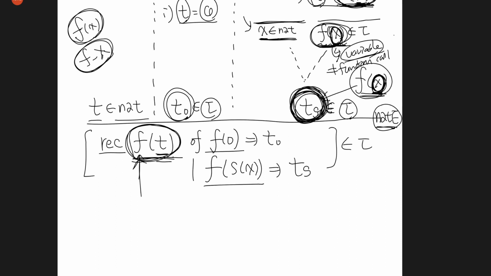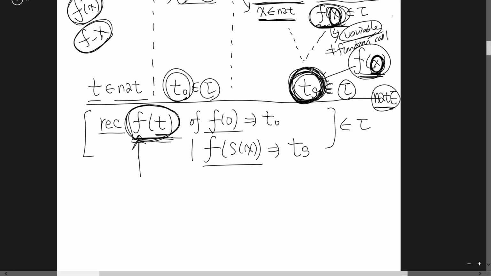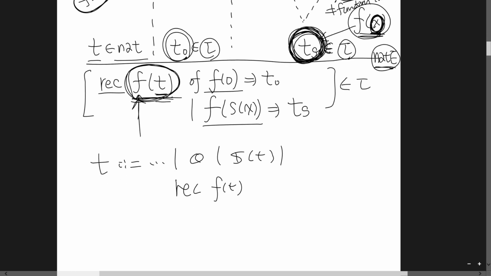So now we have the definition of terms for natural numbers. It's either 0 or successor of t or recursive f of t of, if this is f of 0, then take this term.